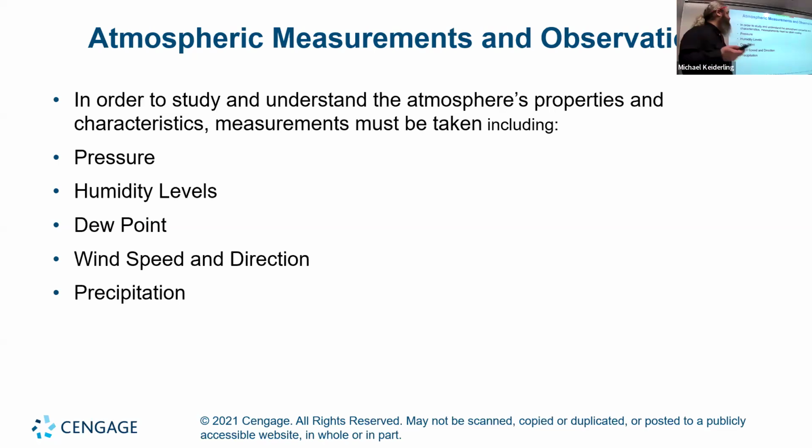We can also measure humidity levels. How much water is in the air? We can measure the dew point, which is another way to talk about how much water is in the air. They're related. The dew point is the temperature at which, when you cool the air down to it, water will start to condense.